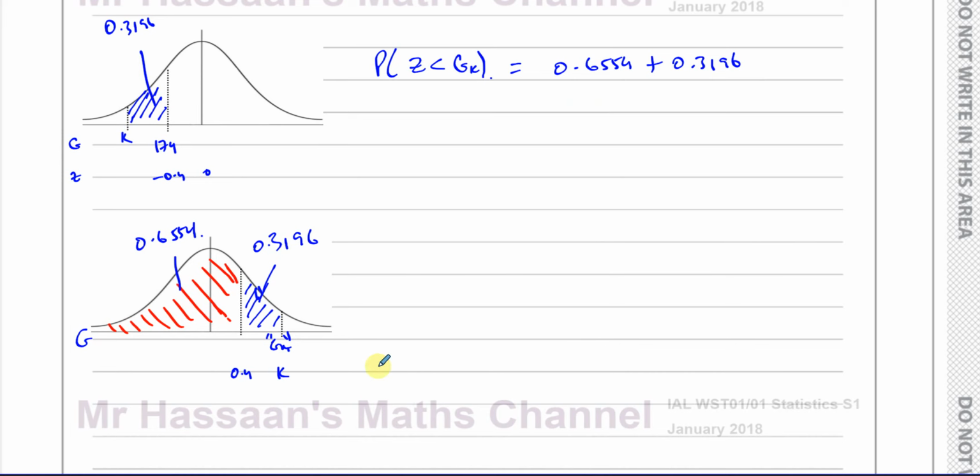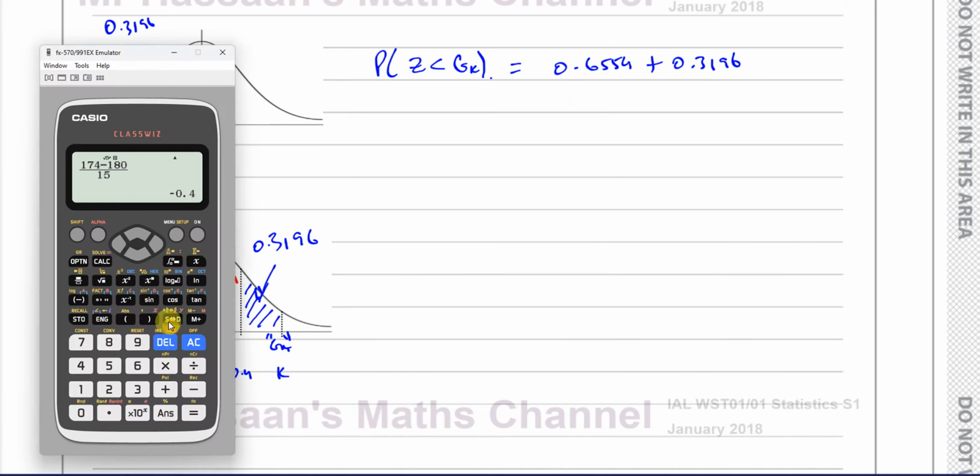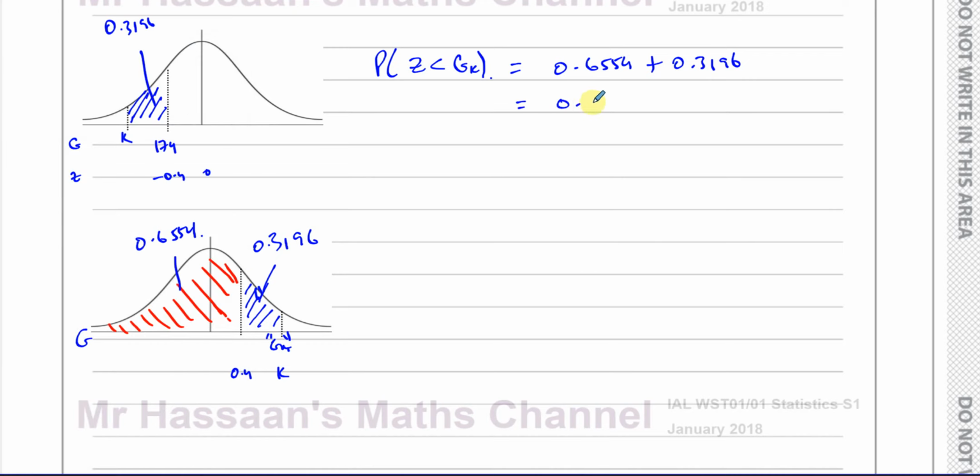So let's just add those together. We have 0.6554 plus 0.3196. Now that gives us 0.975. So we have the probability that Z is less than GK is equal to 0.975.